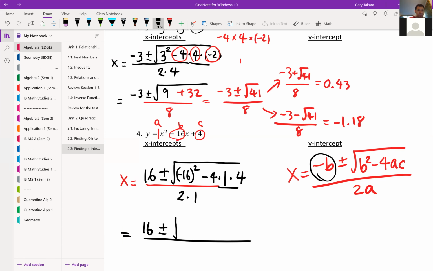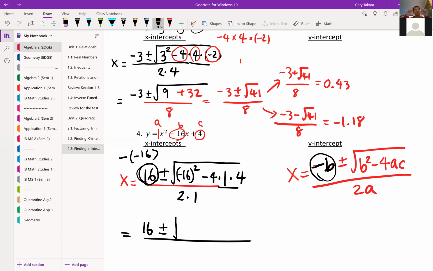Are you talking about this 16 right here, Justin? Yeah, so the formula calls for negative B, right? So basically what you're going to do is negative of B, but B is negative 16, isn't it? Okay.